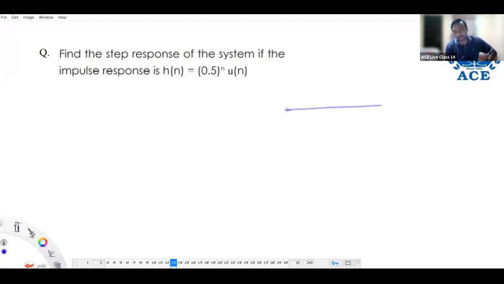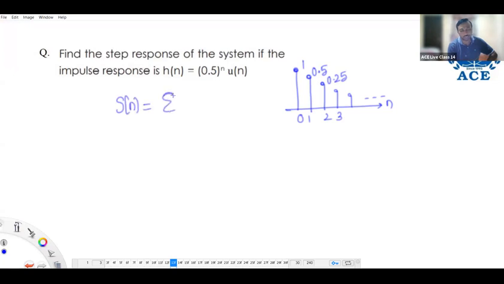Discrete impulse response is given, which is acting like a decay, and step response is asked. What is the normal formula, sir? Discrete case. You can check your notes.